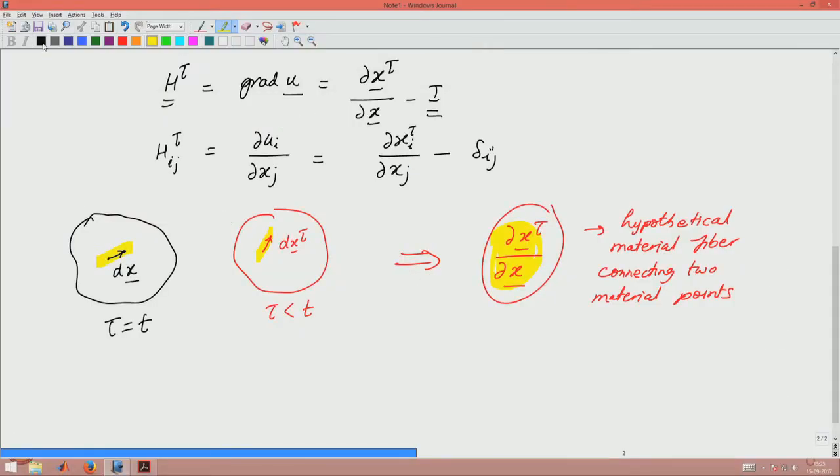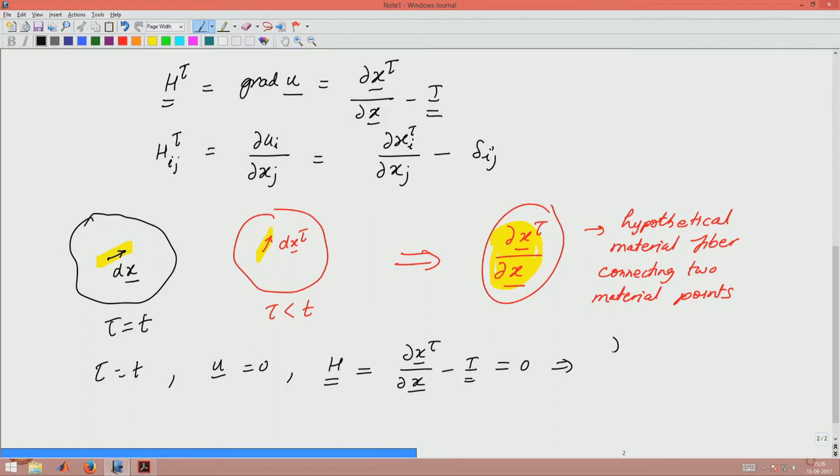As we saw earlier, when tau is equal to t, u is equal to 0, and therefore h, which is nothing but del x tau by del x minus unity, will also go to 0.